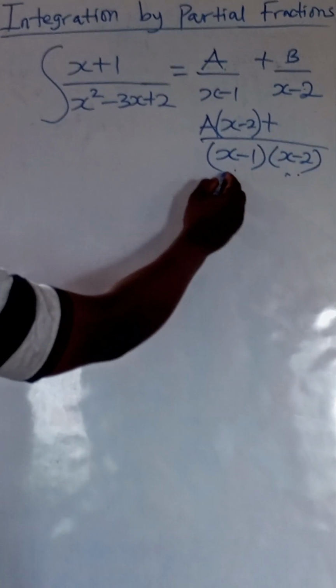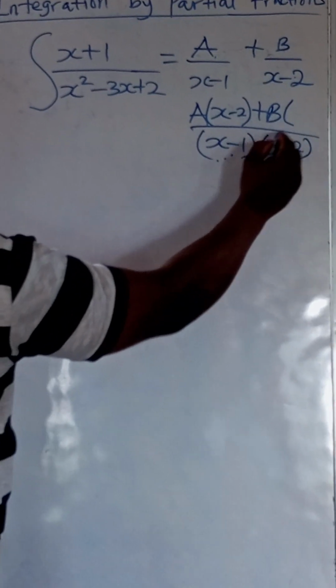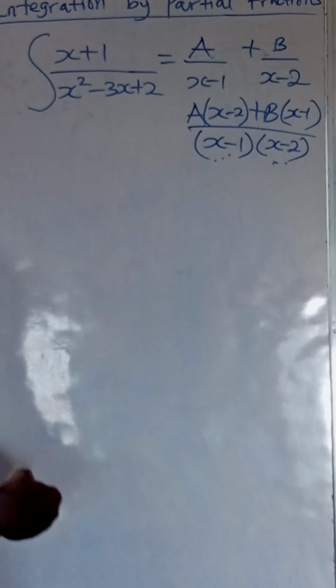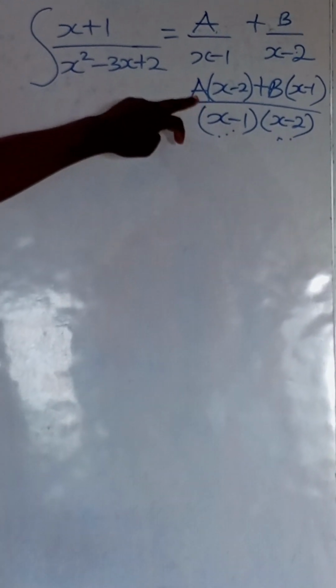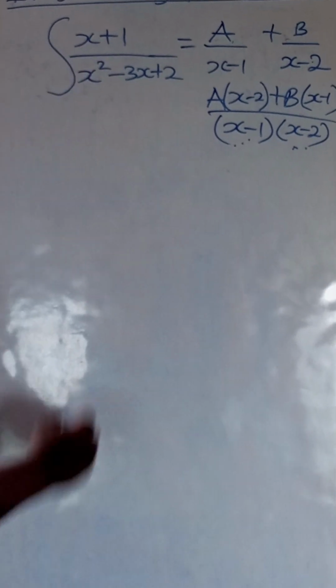I'm left with x minus 1 times B, which can also be written as B into bracket x minus 1. After I'm done with this, I'm going to equate this with x plus 1.